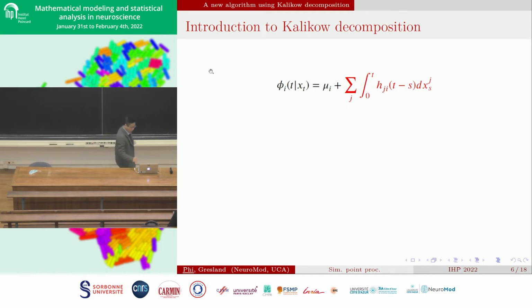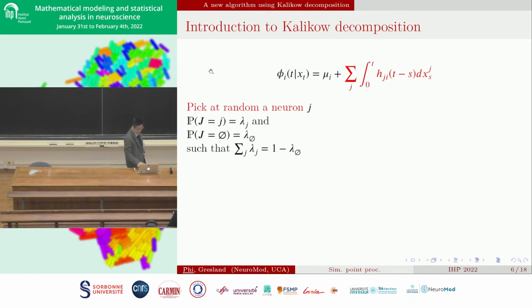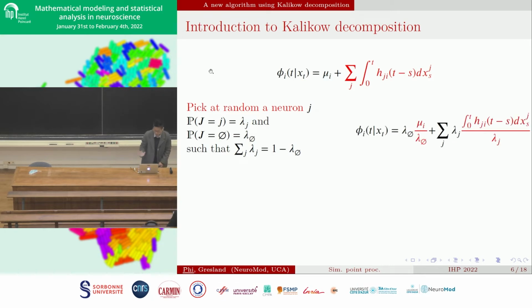So our solution is to introduce the random variable Z here. We pick Z equal to a random neuron z with probability lambda z, and pick mt with probability lambda mt, and we can rewrite the intensity function as follows.